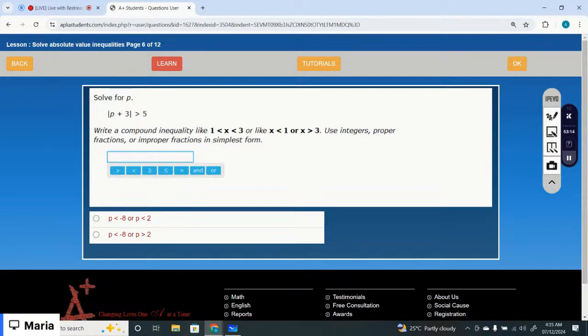Solve for P. Negative 8 and 2. Solve for P, which is the correct option.